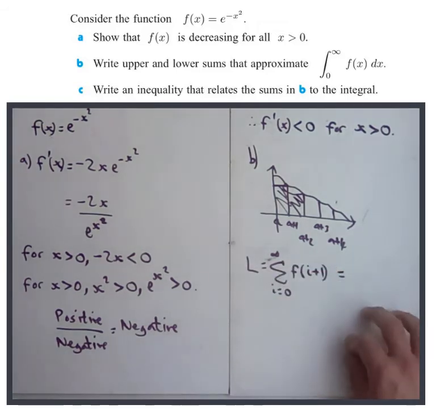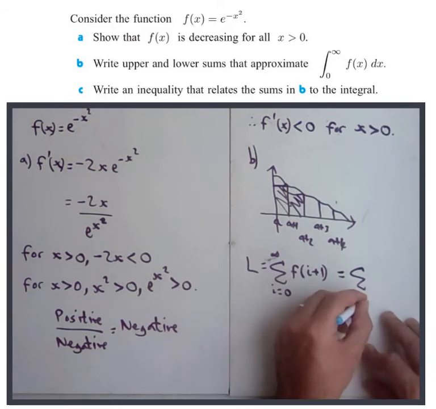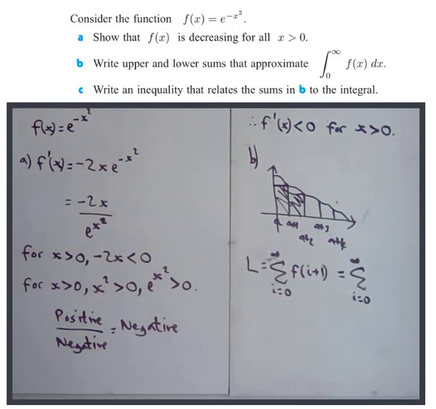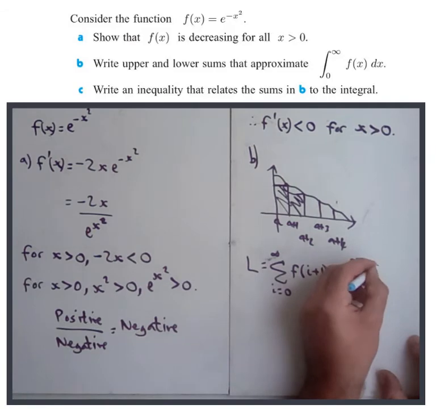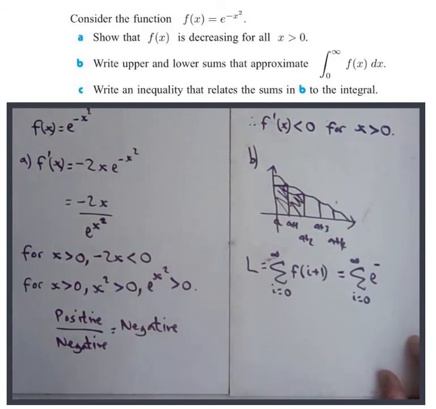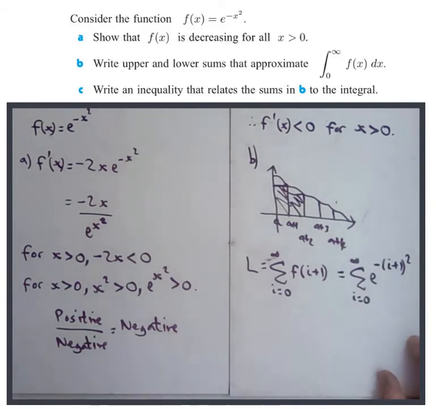F of x is e to the minus x squared, so it would be e to the minus i plus 1, all squared. So the thing that we're taking in is the i plus 1 squared. So that's our lower sum.